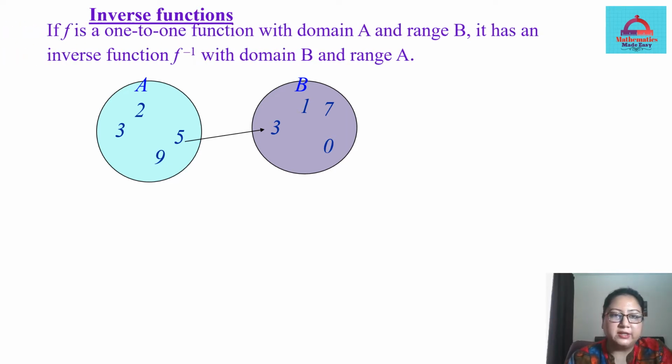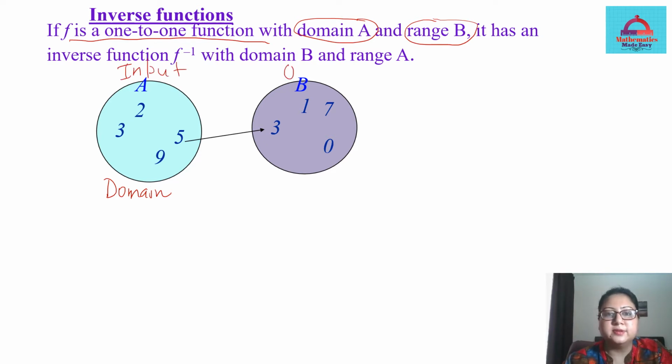I'm defining a one-to-one function f with the domain as A and the range as B. This is my domain, or in simple words my input for the function, and set B is my output or my range. Remember, you can define an inverse function only for a function which is one-to-one. And what does that mean? Let me make you recall what is a one-to-one function.